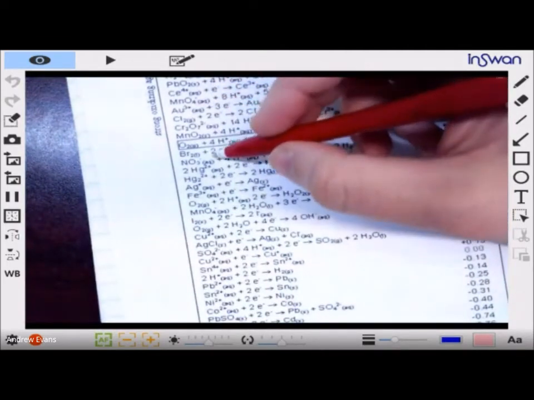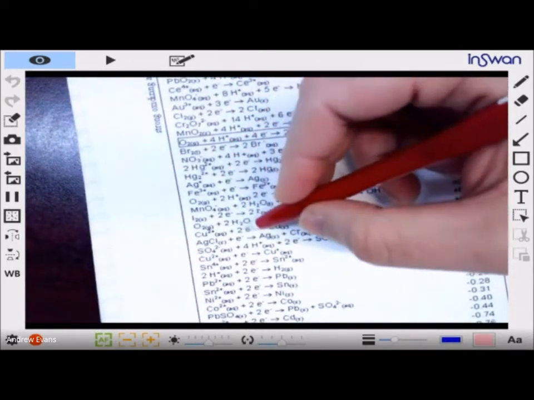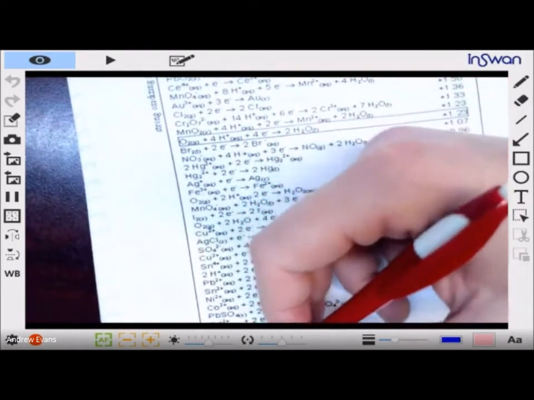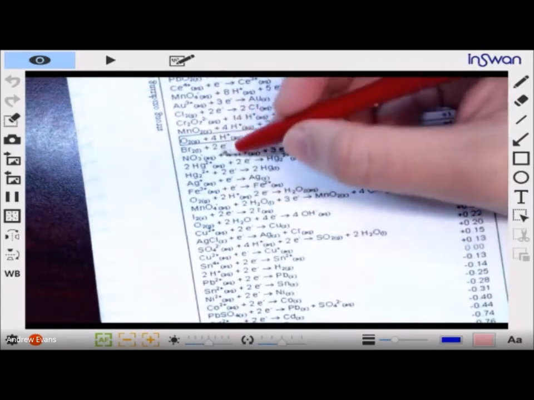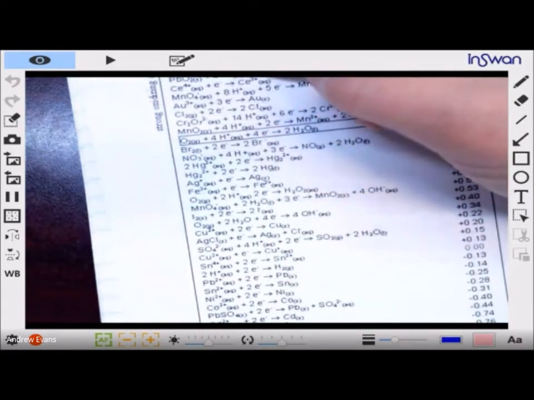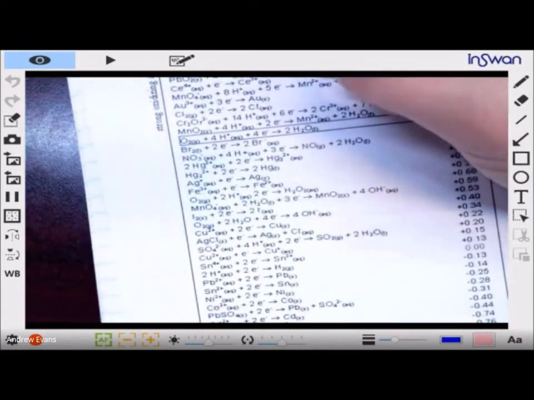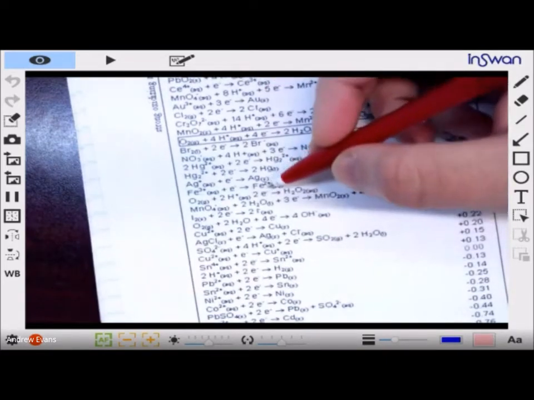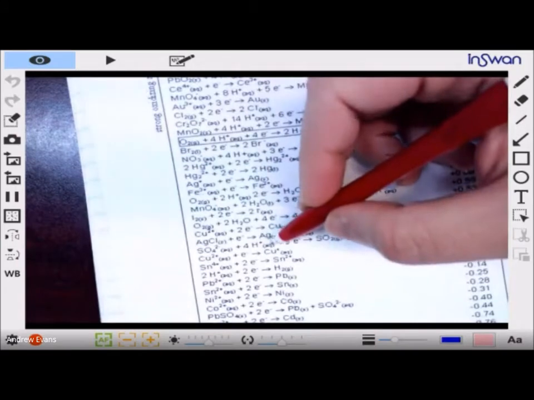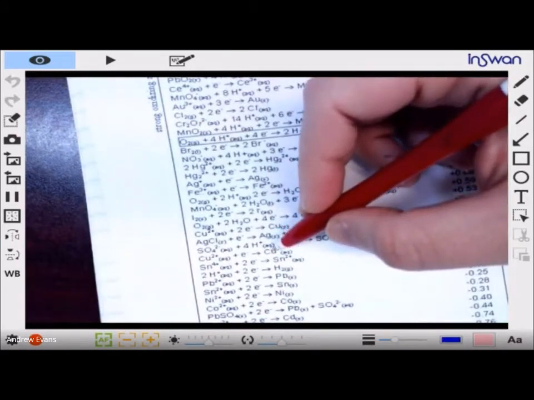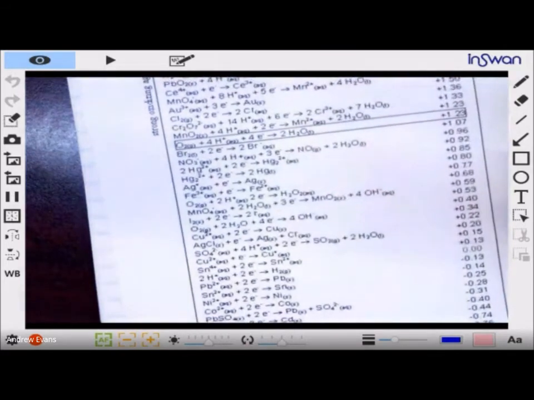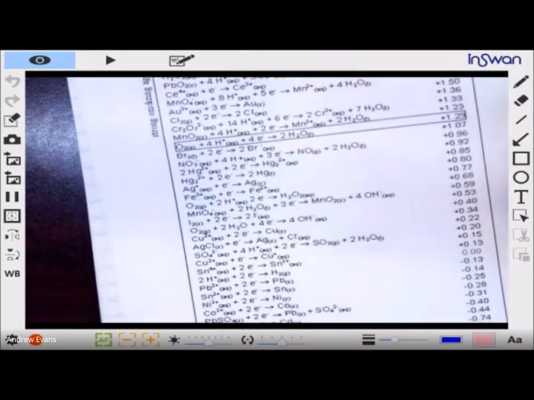Scrolling down, it's Cu2+ to copper solid. That's Cu2+ to Cu+.